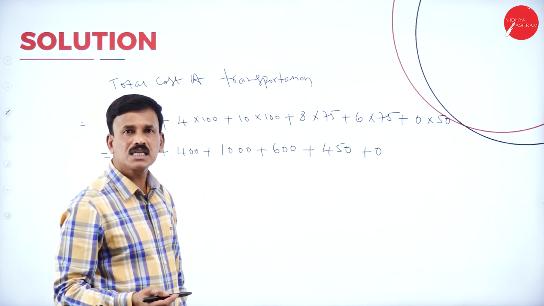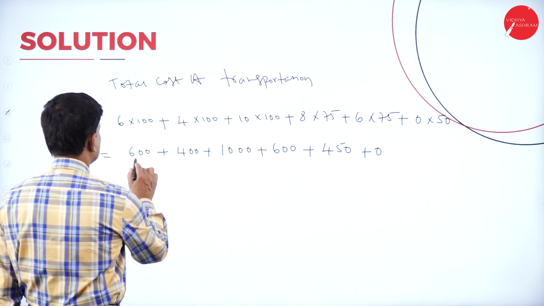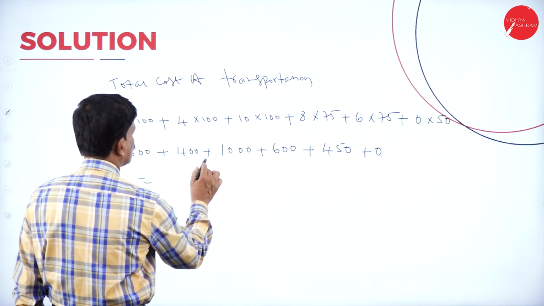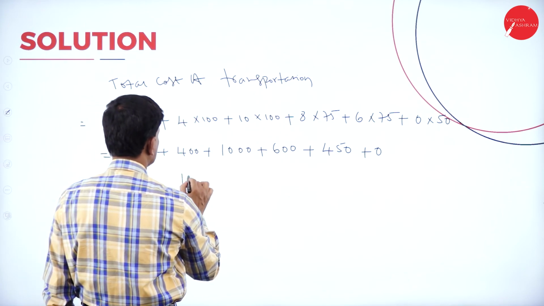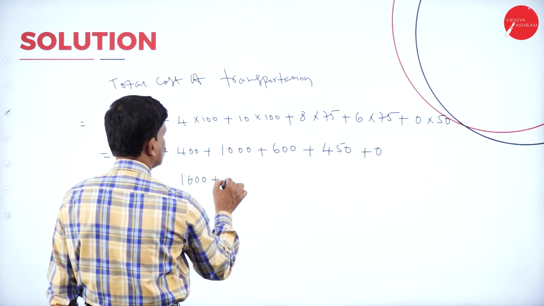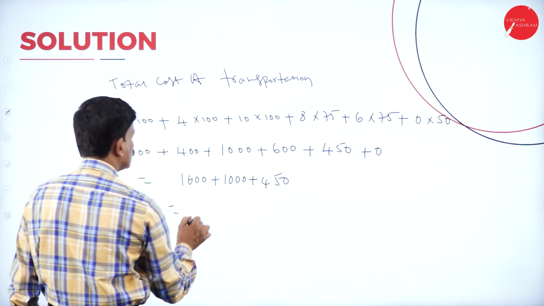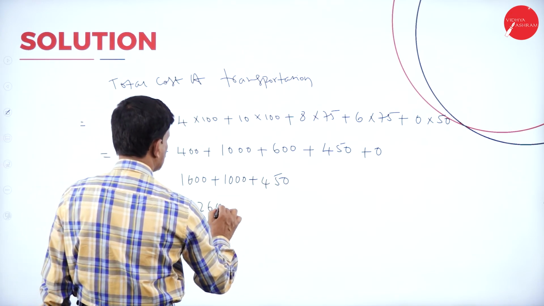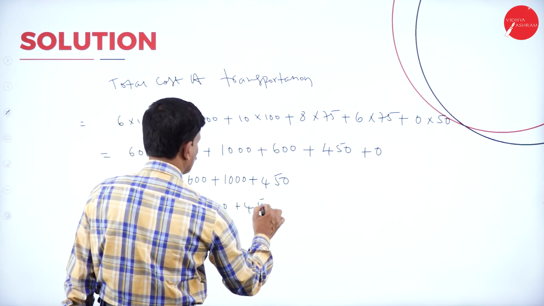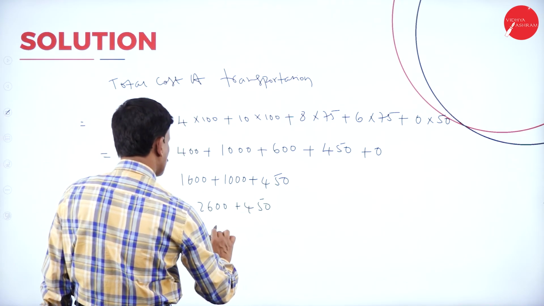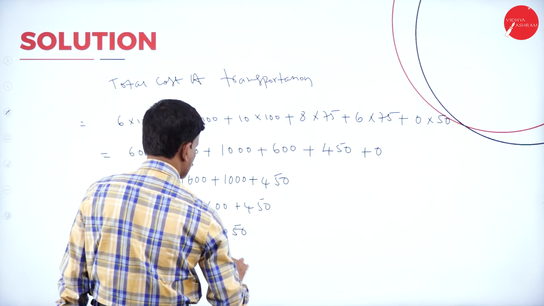Now let us add this. So 600 plus 400, 1000, 1600, 1600 plus 1000 is 2600, plus 450, that is 3050.